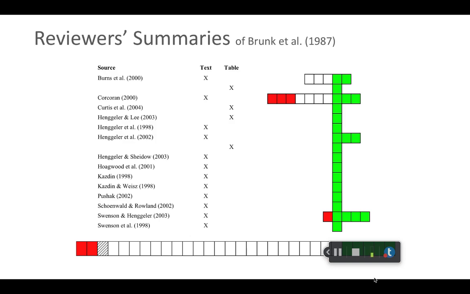Take a look at what reviewers said about this Brunk study in published reviews. So now I'm using content analysis, the same thing I did with the abstract of the Brunk study, to show you what the reviewers said. So the top line is in a published review by Barbara Burns.